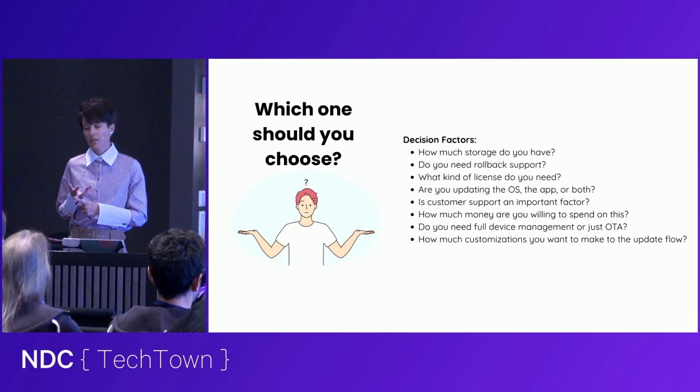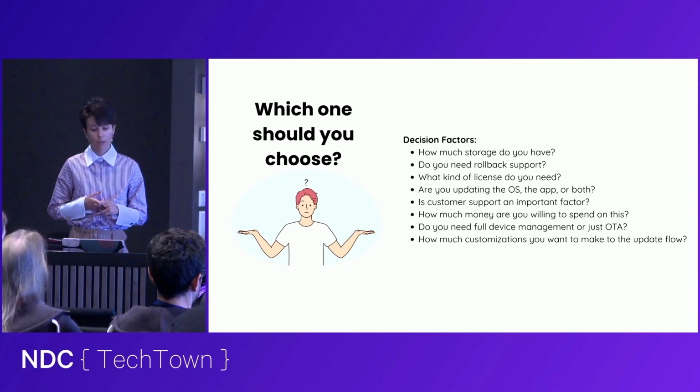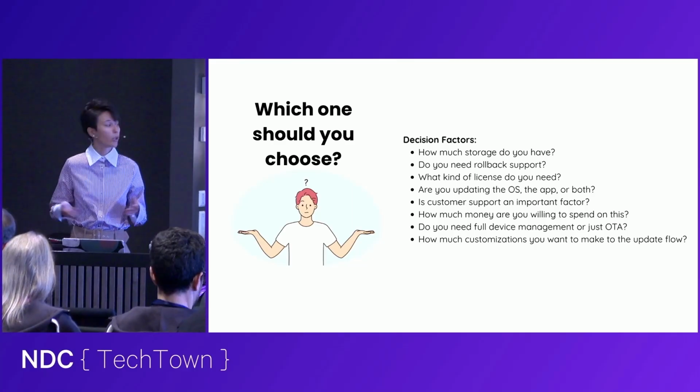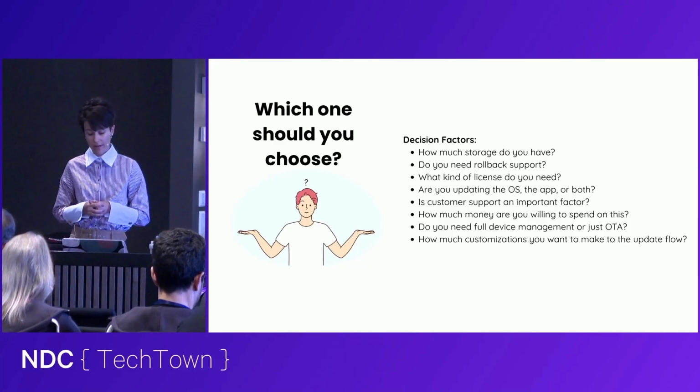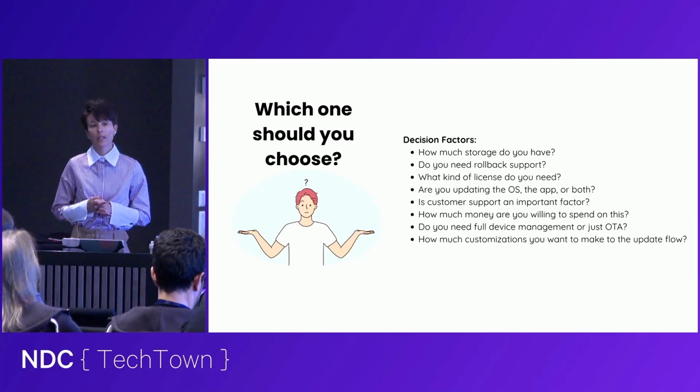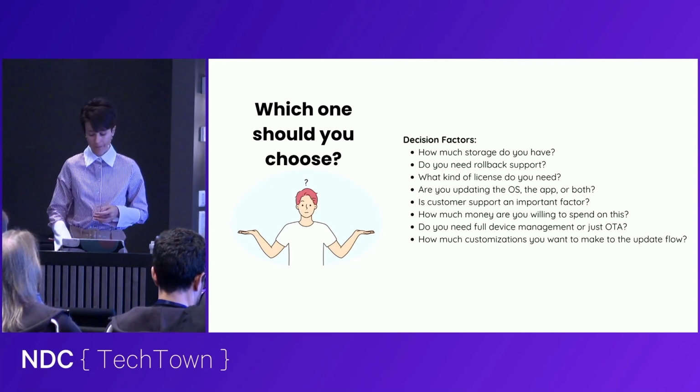What kind of licensing do you need when it comes to open source? Is customer support an important factor? Like, do you need somebody who's available to help you with your updates 24/7 or not? Most importantly, how much money are you willing to spend on this? And do you need full device management for the full fleet or just OTA? And lastly, how many customizations do you want to make to the update flow?